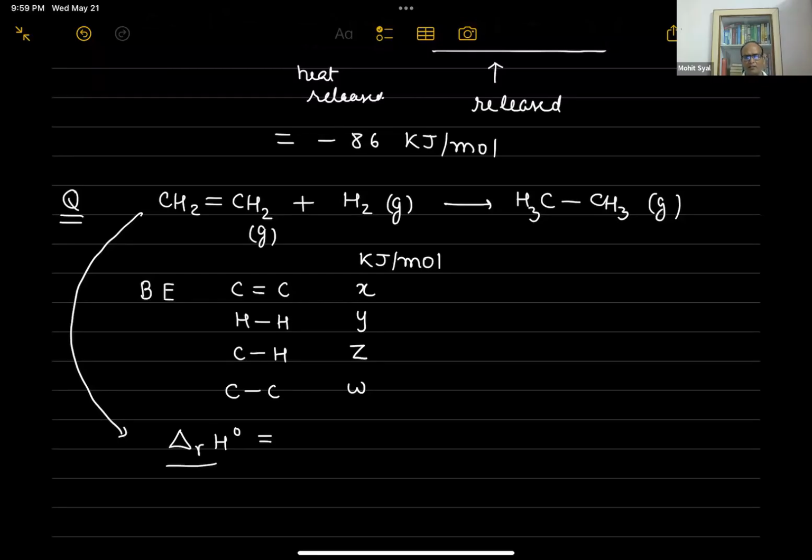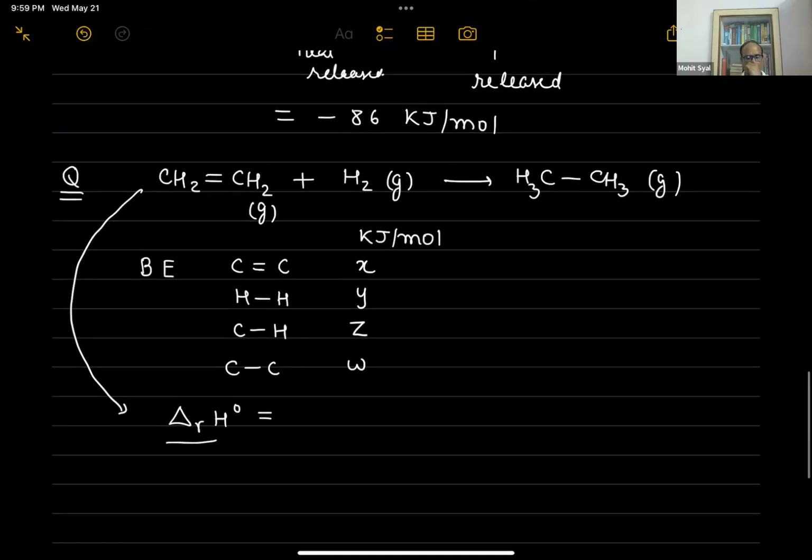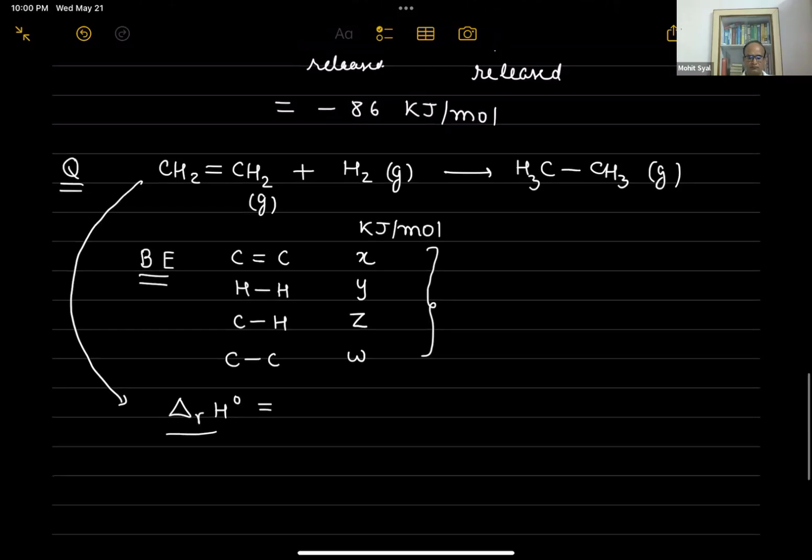Instead of calculating the numerical value, you can put X, Y, Z. These are all taken to be positive values. It is X plus Y minus W plus Z.